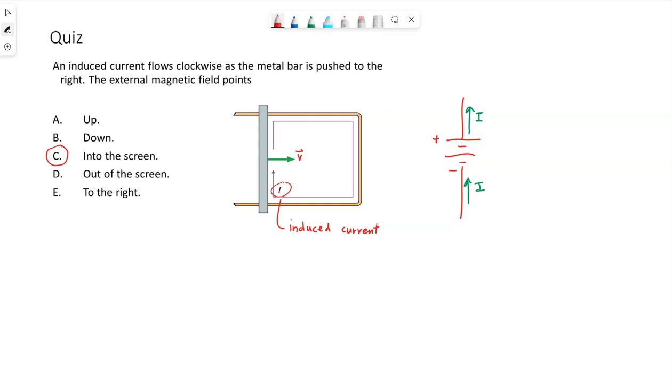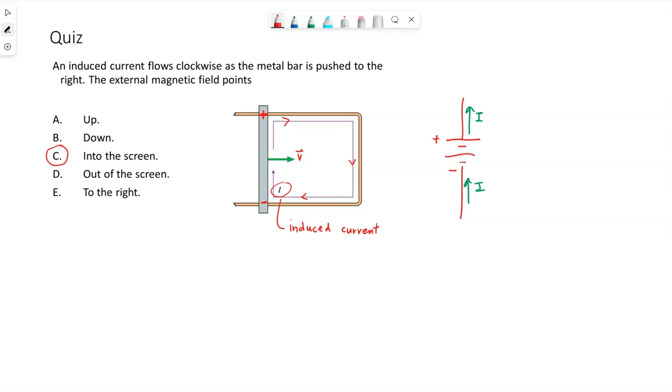So looking at this current with the arrow they've drawn means it's coming to the right on top, down on the right side, left on the bottom. That would be as if it were flowing out of some sort of positive potential at the top and flowing in to some sort of negative potential at the bottom.